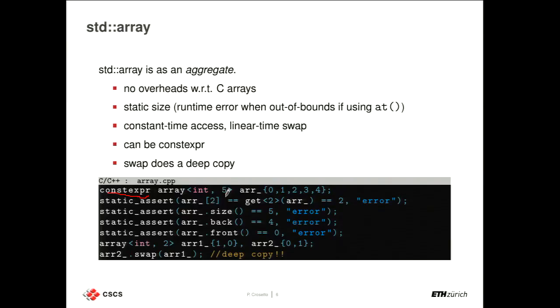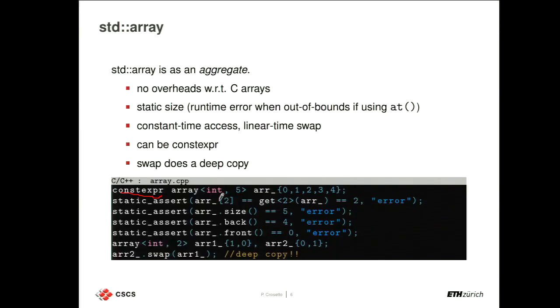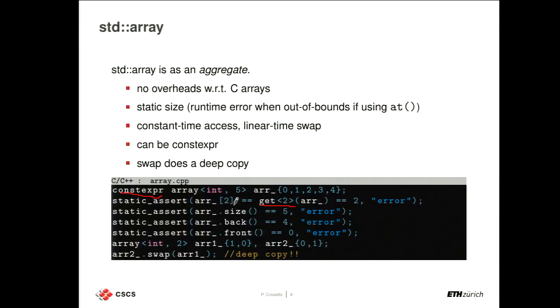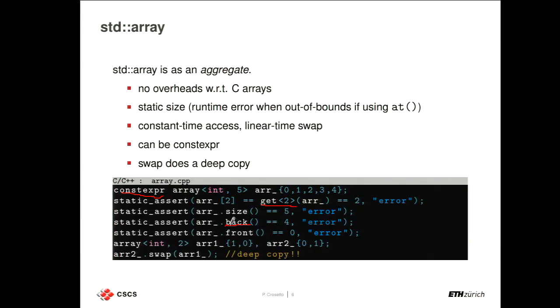So it's allocated on the stack, while normally containers are allocated on the heap. You can query with get, like with the tuple, and the members size, back returns the last element, and front the first, and so on.